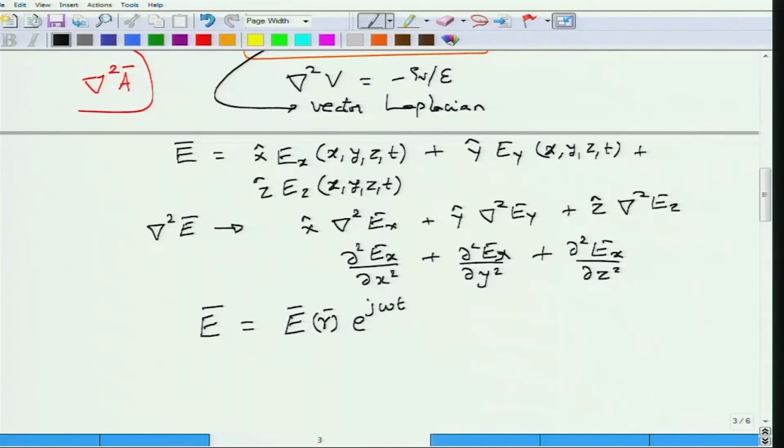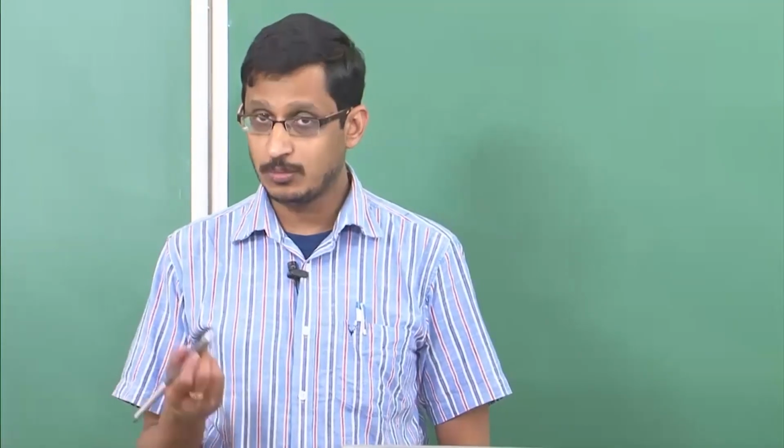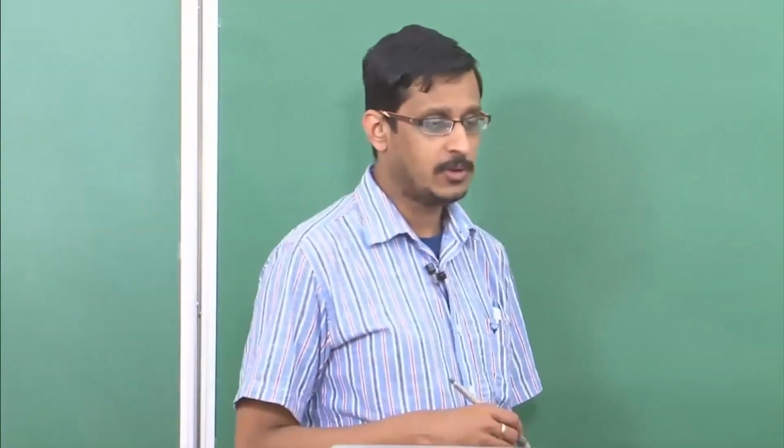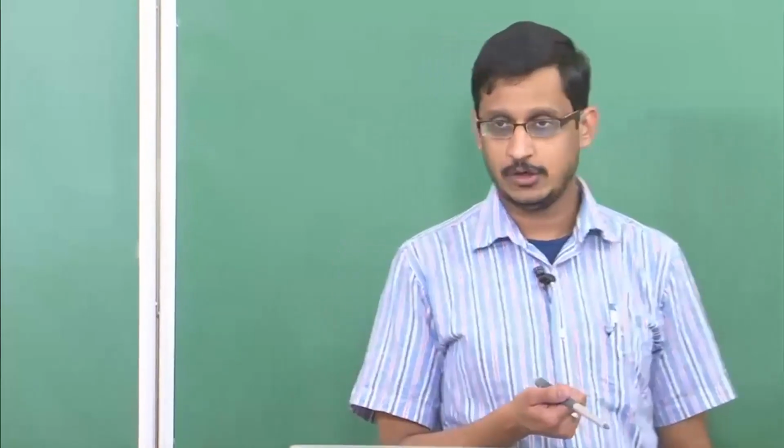There is a reason why I am choosing e power j omega t and not sin omega t. They are actually equivalent, but this kind of expression is quite common when we analyze phasors. In fact, we talked about phasors in Maxwell's equations and showed how Maxwell's equations would reduce in phasor form, and we are going to follow that idea over here.